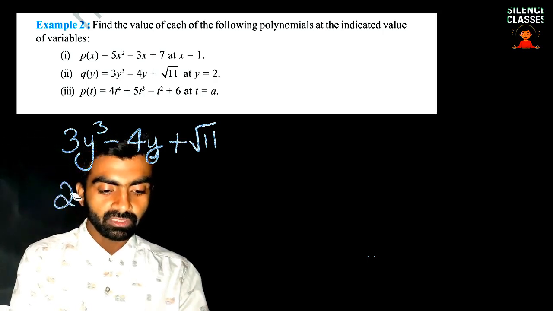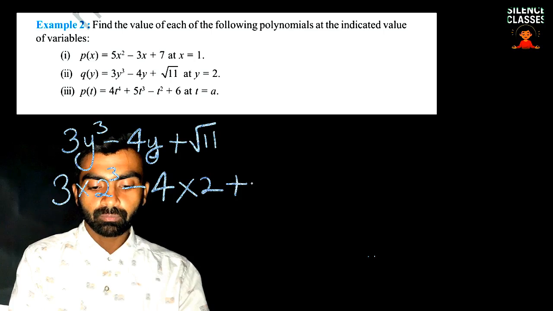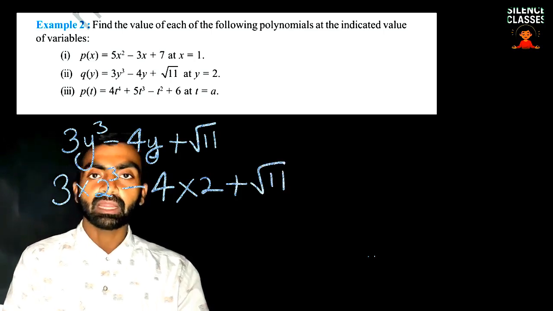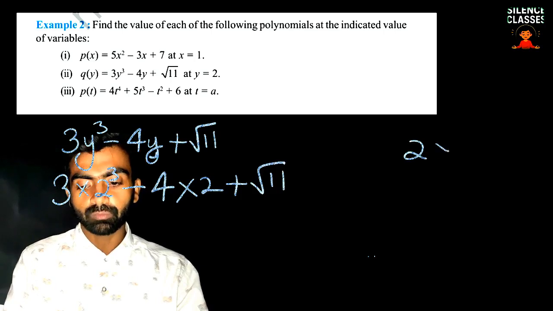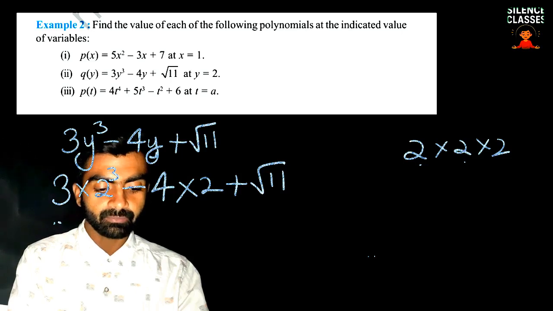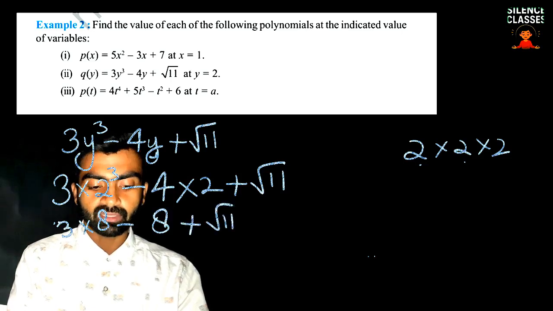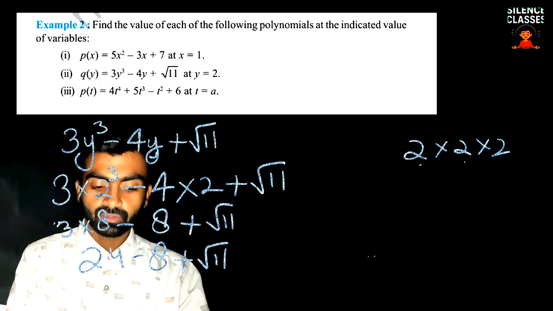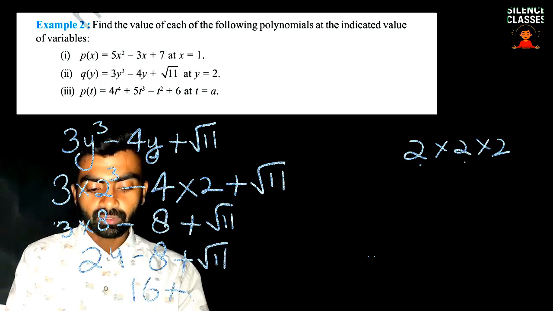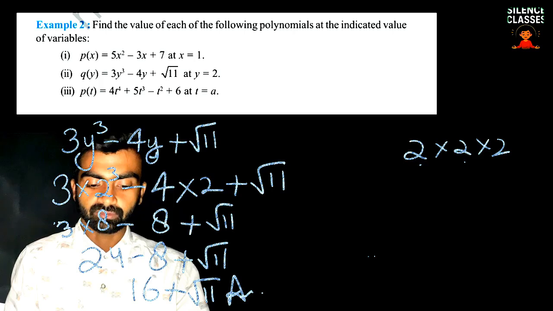So we will write 3 multiplied by 2 to the power 3 minus 4 multiplied by 2 plus root 11. 2 to the power 3 means 2 multiplied by 2 multiplied by 2, 2 twos are 4 and 4 twos are 8. So 3 multiplied by 8 minus 4 twos are 8 plus root 11. It will become 3 eights are 24 minus 8 plus root 11. Once we subtract, it will become 16 plus root 11, and this is the answer.